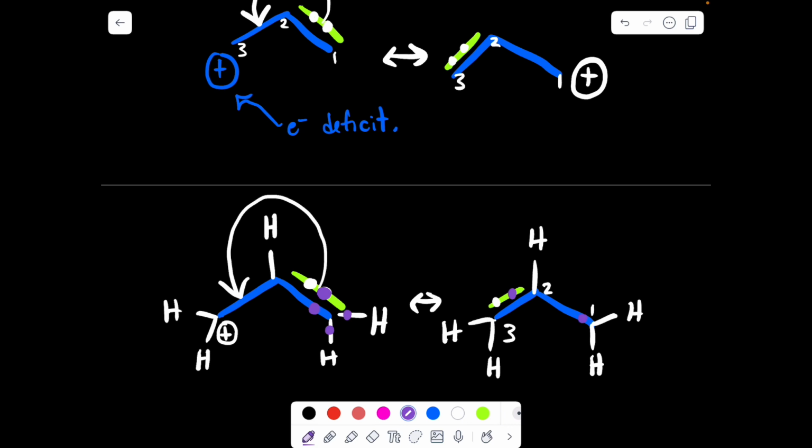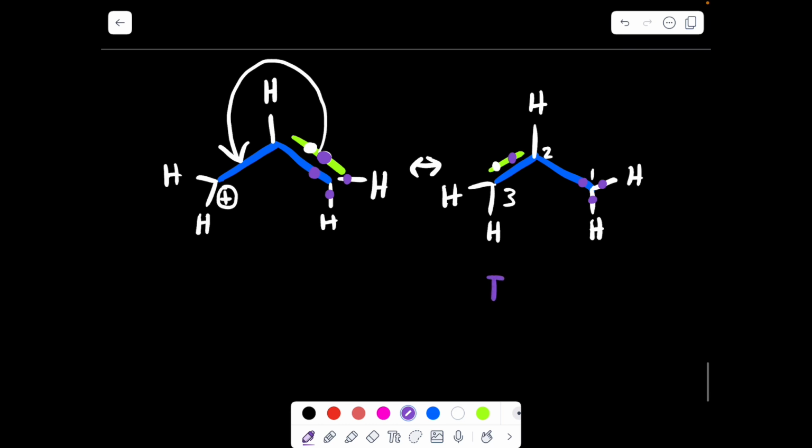And now it only owns 3 purple electrons. So if we calculated the carbon's formal charge, the formal charge would equal 4 minus 3, so plus 1 overall. And we can also say, if a carbon has 3 bonds, it will be cationic, which is what we are seeing here. If a carbon has 4 bonds, then it will be neutral.